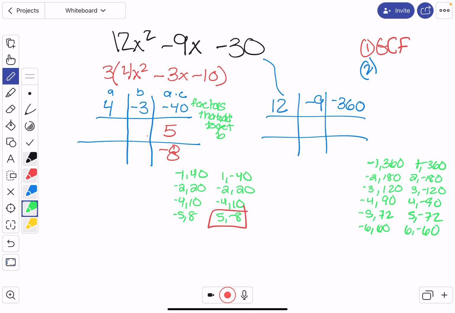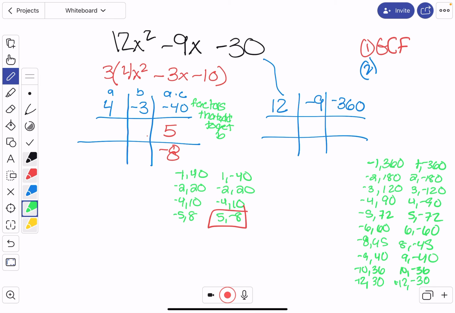Does 8 go in 360? I don't think so. Oh, it's clear, 360 divided by 8, yes, 8 and 45. 9 and 40. 10 and 36. 12 and 30, I think. Yep. So positive 12, negative 30.